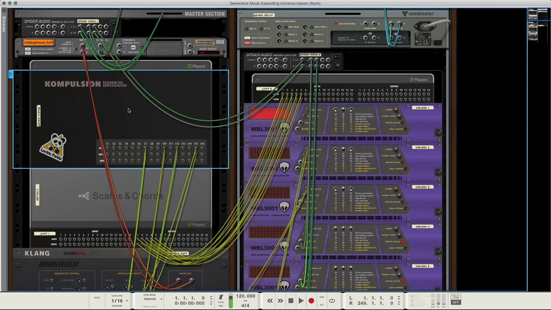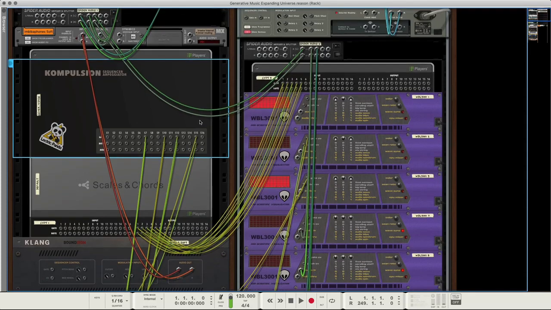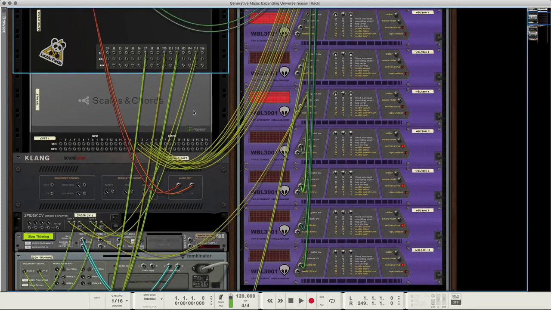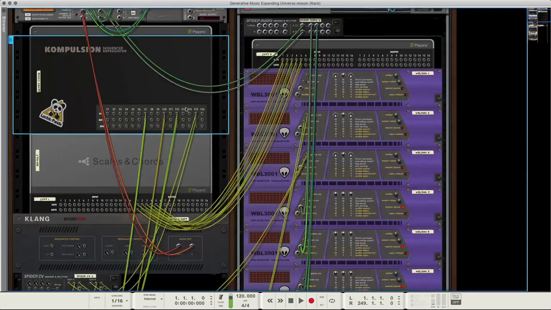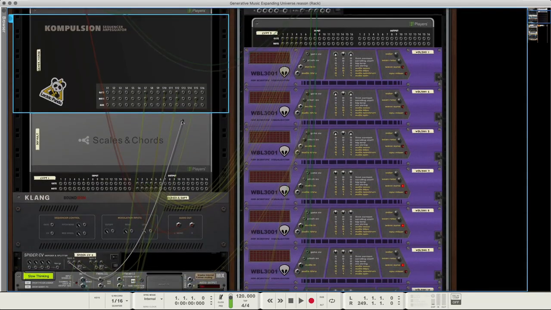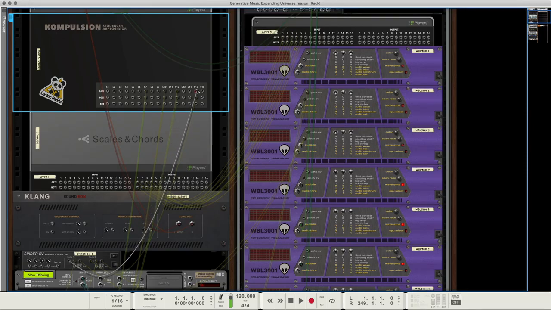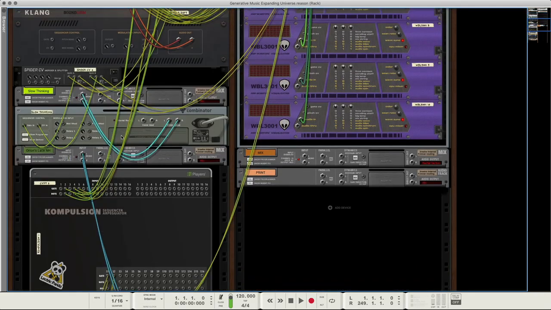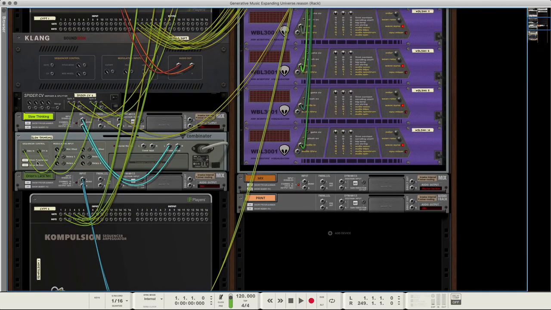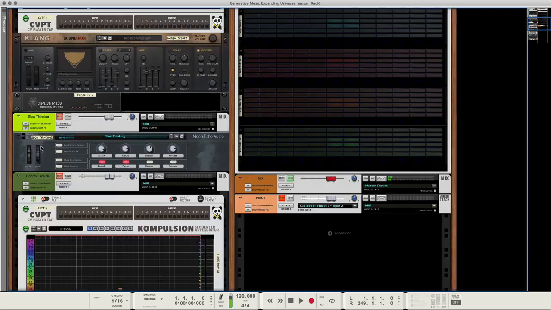If you flip the rack around, you can see that I've connected sequencer 15 into this splitter, and then that splitter is being sent off to this device here, which is this slow thinking device, which is another synthesizer. So if we unmute that now, when it hits the high note, you'll hear this slow thinking as well. It's actually hitting the same note because one is just triggering the other.